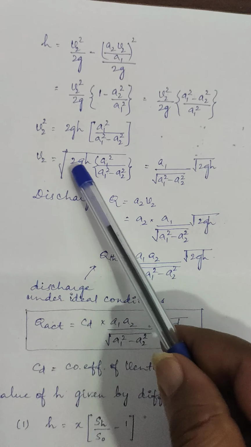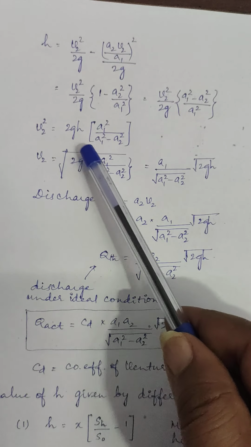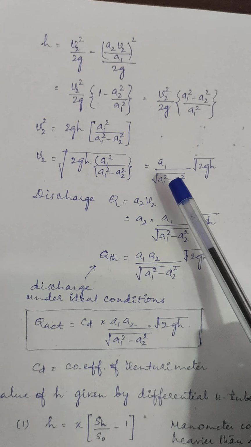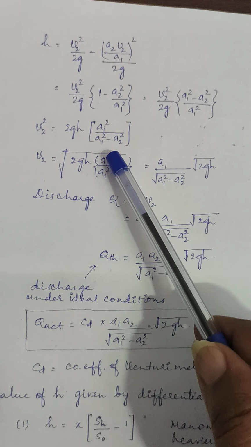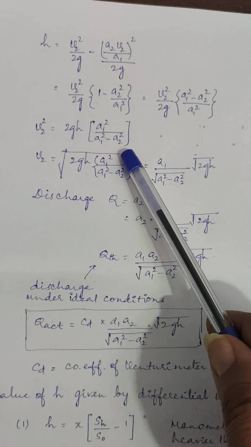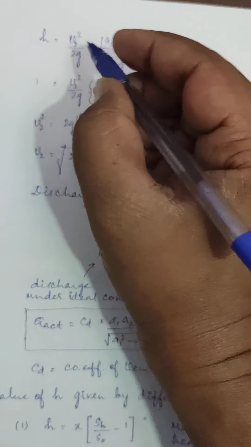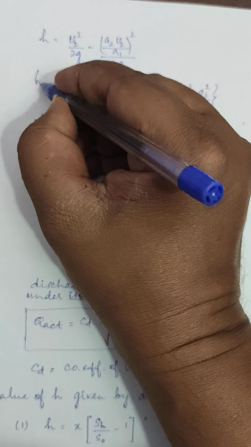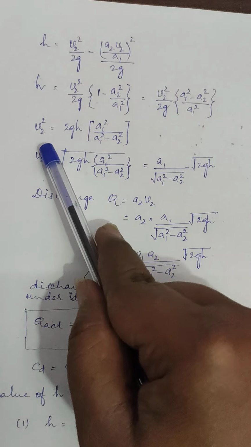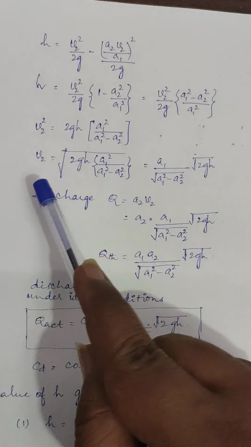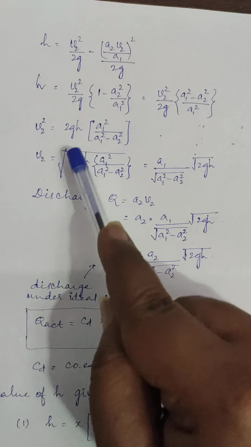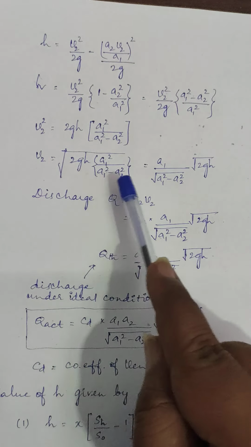So V2 square is equal to 2GH of A1 square divided by A1 square minus A2 square. Rearranging the terms, V2 is nothing but the square root of this quantity.